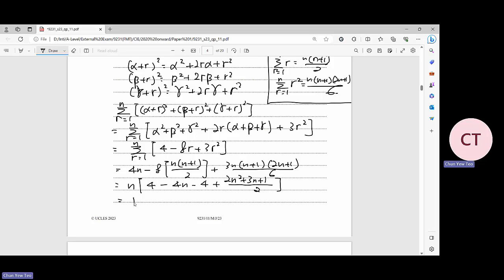Then after that, simplify the whole thing. Then you will get n squared minus 5 over 2 n, then plus a half. Therefore, your A is negative 5 over 2, and your B is a half. Okay, so that will be the answer for this question number 2.